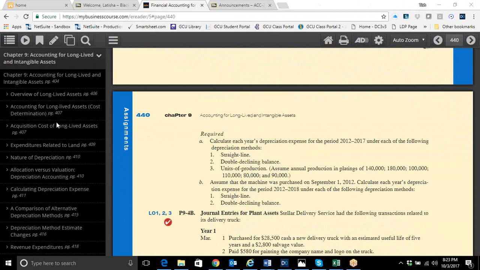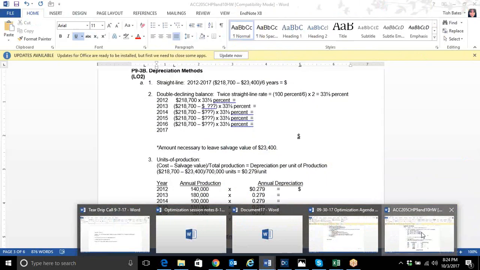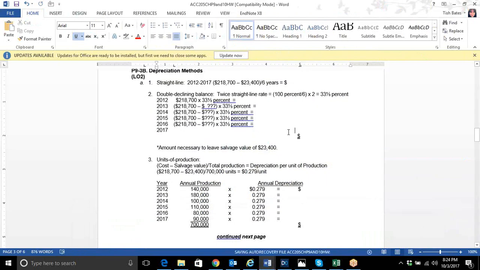The partial year is not 2017. The final year is always the year that you have that amount remaining. You would actually calculate for 2012 because you purchased that in 2012, so you're allowed to calculate it for that full year. And your remaining part comes in 2017.